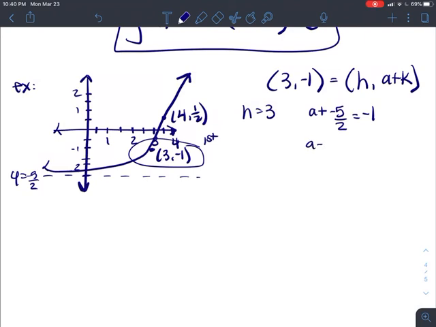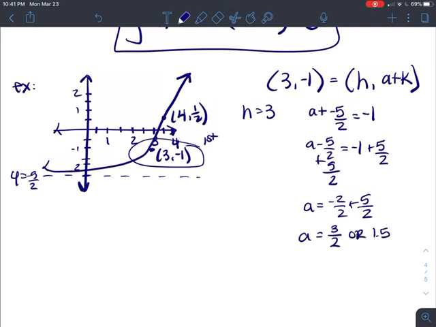So this can also be written as a minus 5 halves equals negative 1. So I'm going to add 5 halves to both sides, okay? So this gives me a, and in order to add this, it'd be negative 2 over 2 plus 5 over 2, which is 3 over 2, or 1.5, okay? So a equals 1.5, and k equals negative 5 halves.